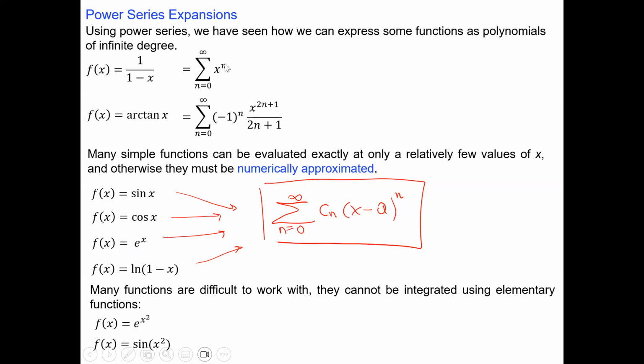So we can see for this one, the coefficient c sub n equals 1. For this one, the coefficient c sub n is negative 1 to the n over 2n plus 1. And this is that variable, that power 4. x, of course, minus 0, centered at 0. Okay, let's try to get the general formula, because that's the point of this video.